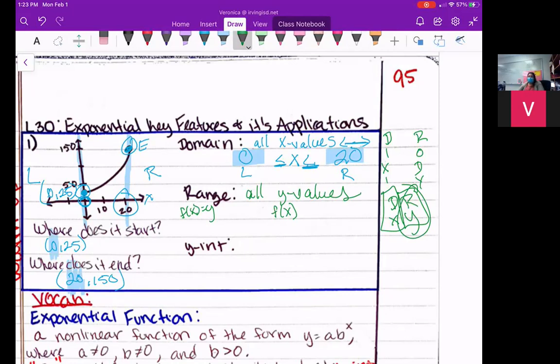Okay, so we have f of x, which is my y, is between, well, your y-axis travels up and down. So that means it goes from bottom. So I'm going to put my b at the bottom and my t at the top. So you want a boundary at the bottom and you want a boundary at the top.